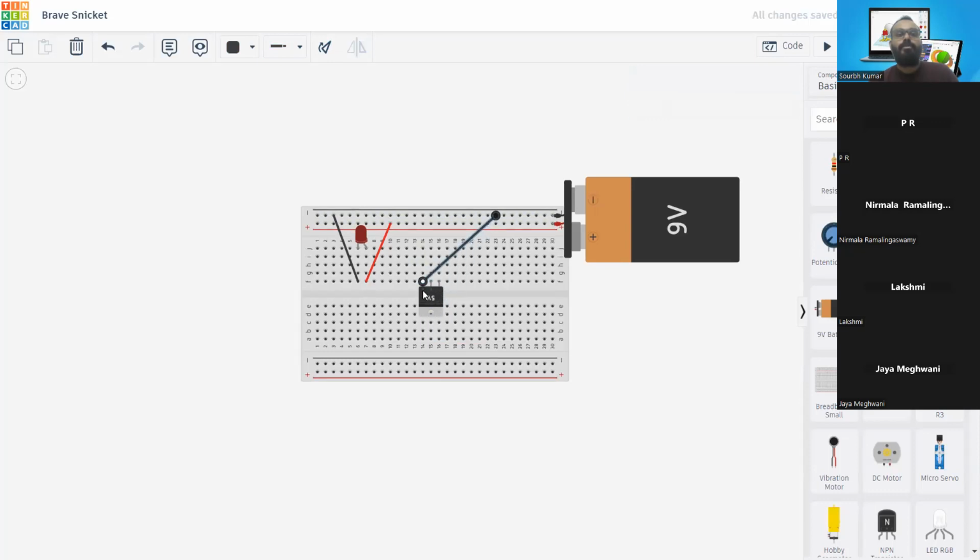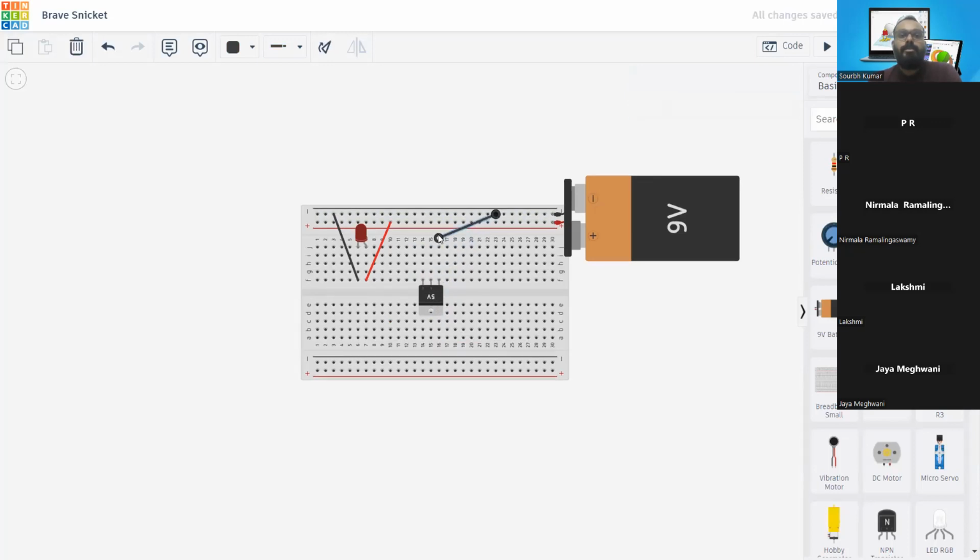Otherwise, it will be great to connect the wires in here so that it will be good in all senses. So try to make your circuitry neat and clean so that a student won't get confused. We connected the negative of the battery to the ground pin, and we do have the in and out.